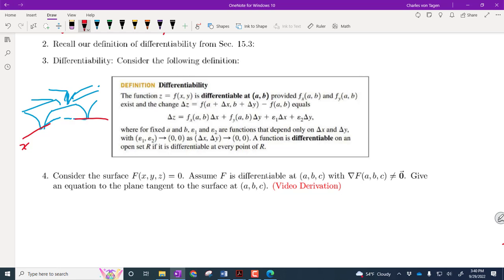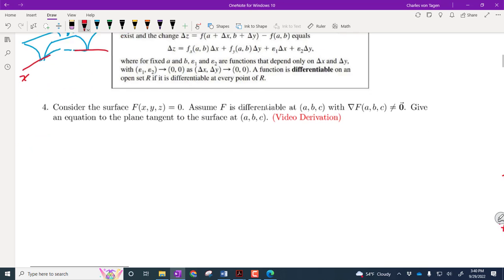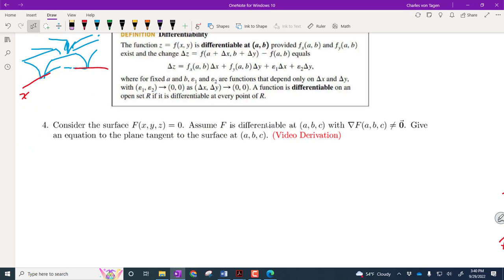And if I come from this direction, I can compute the partial derivative with respect to y at the origin. So that means I could build a tangent plane, but that tangent plane would not approximate the surface at that point. And that has to do with this issue of differentiability. So first of all, you need to know that your function is differentiable before you can go and construct the tangent plane.